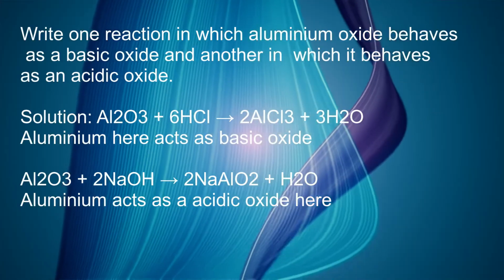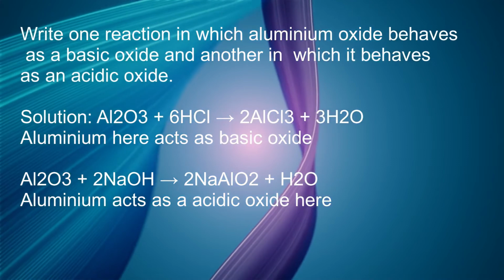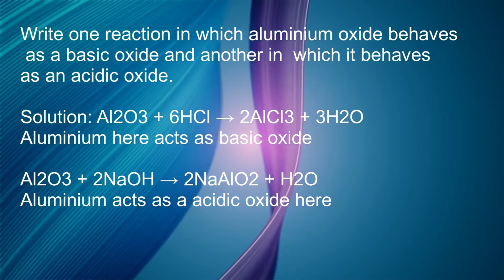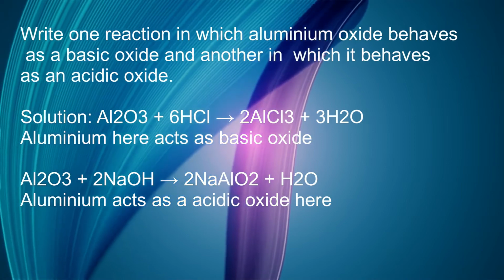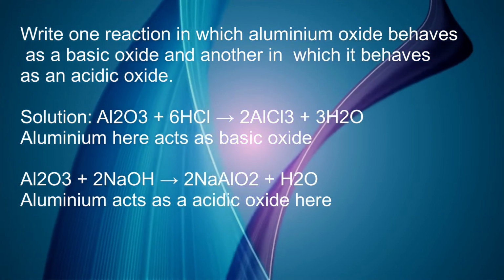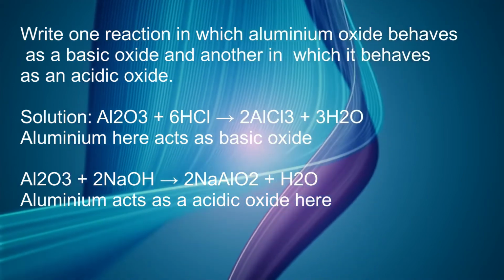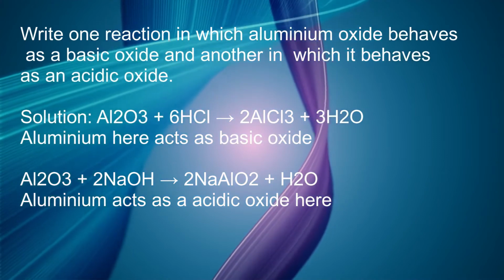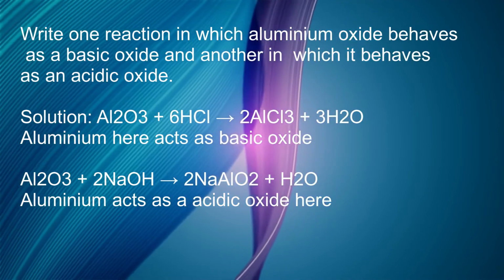Write one reaction in which aluminium oxide behaves as a basic oxide and another in which it behaves as an acidic oxide. Solution: Al2O3 plus 6HCl gives 2AlCl3 plus 3H2O. In the above reaction, aluminium oxide behaves as a basic oxide because it reacts with an acid to form salt and water.